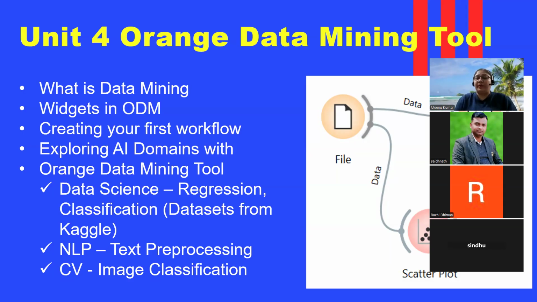When I did this Orange Data Mining tool with my students, they loved this tool so much that most of them have decided they would do their projects using this tool only. So there'll be a complete change of heart when they do this chapter, because if they are thinking of doing the Python project, they would love this chapter so much that they would do their project in Orange Data Mining. It's such a wonderful chapter.